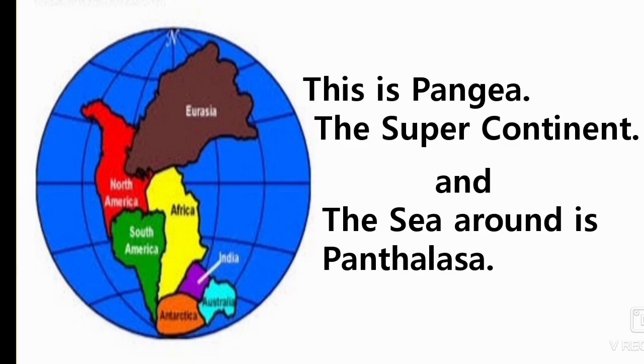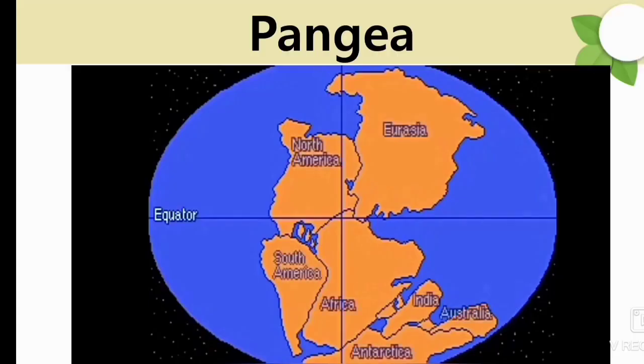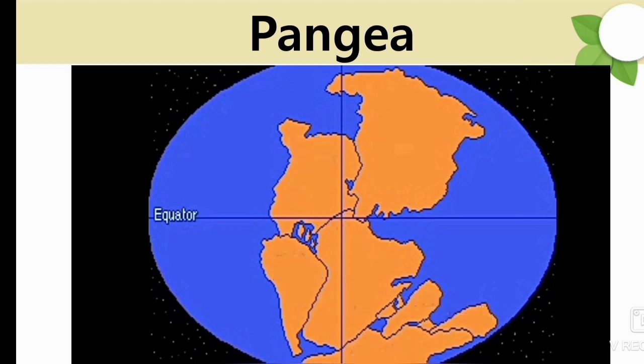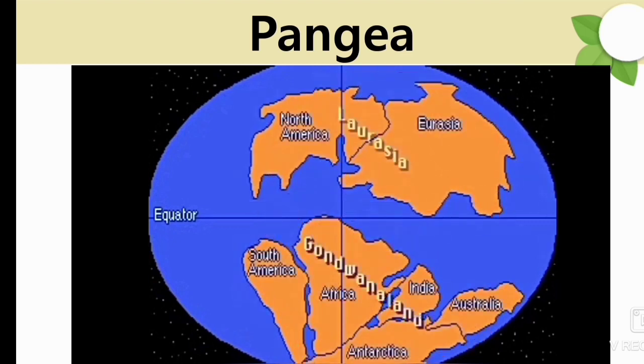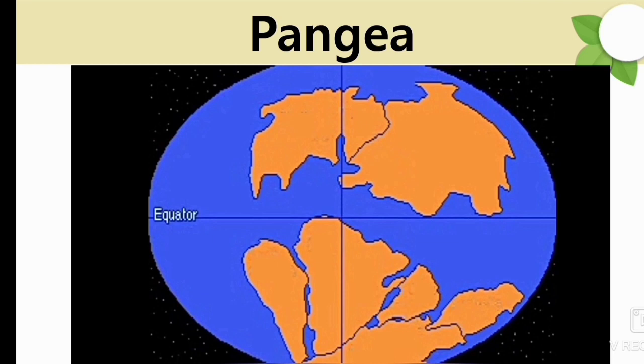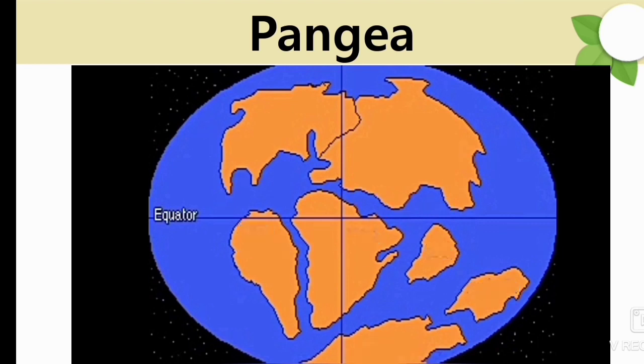Students, next we are going to see about Pangea. Million years ago the continents formed a single large landmass called Pangea. Pangea split into two land masses called Gondwanaland and Laurasia. Over a long time, Gondwanaland broke up, forming the continents South America, Africa, subcontinent India, Australia and Antarctica.